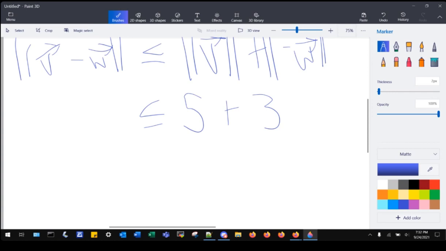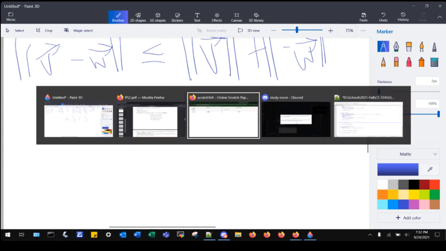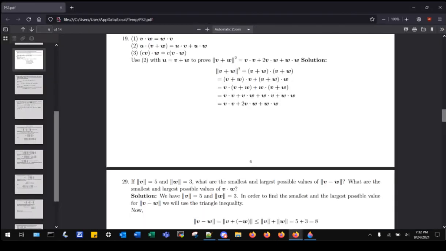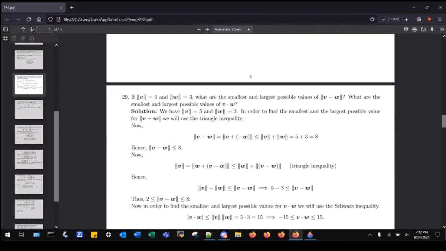Maybe the smallest value is 0. Oh, in the solutions it doesn't have the negative w. It says the magnitude of v plus the magnitude of w. Oh, but the negative w is in the magnitude equation.